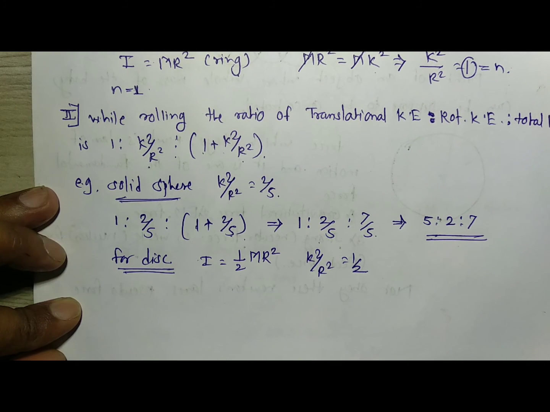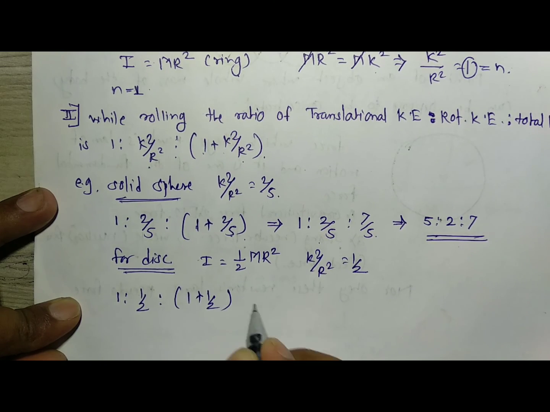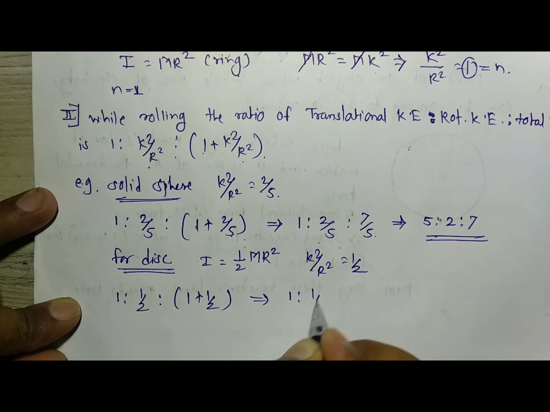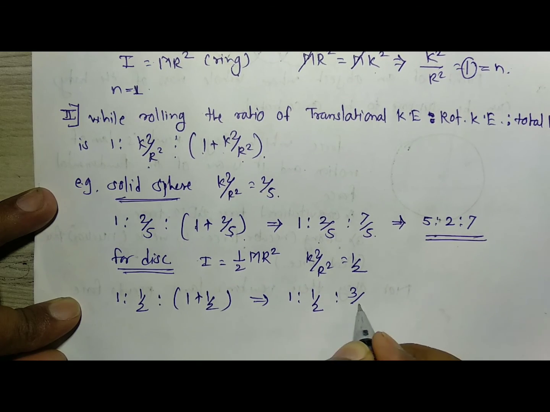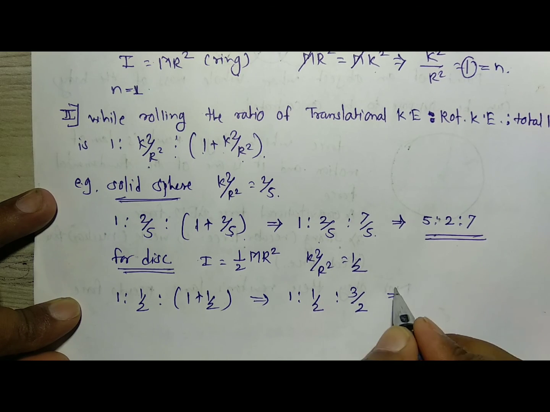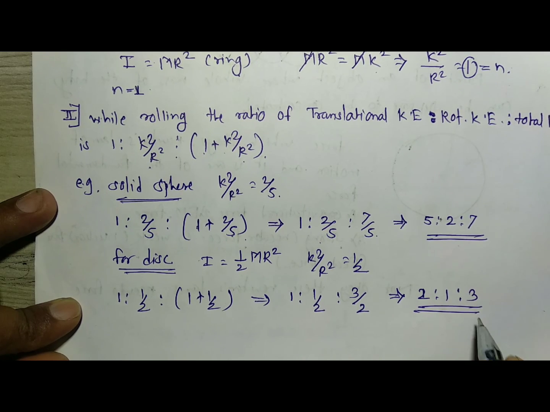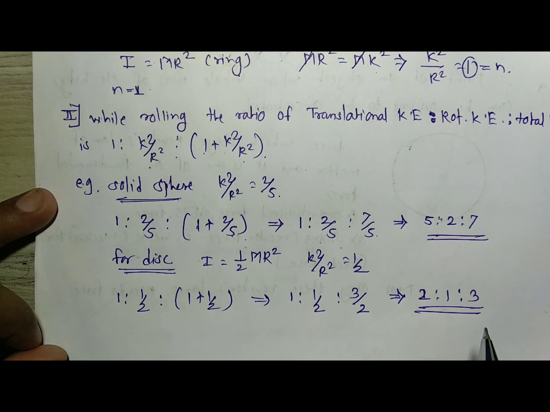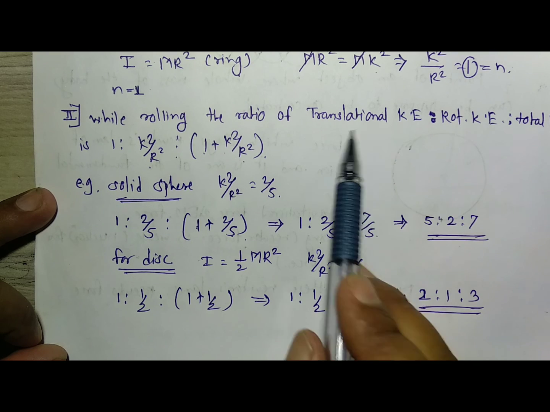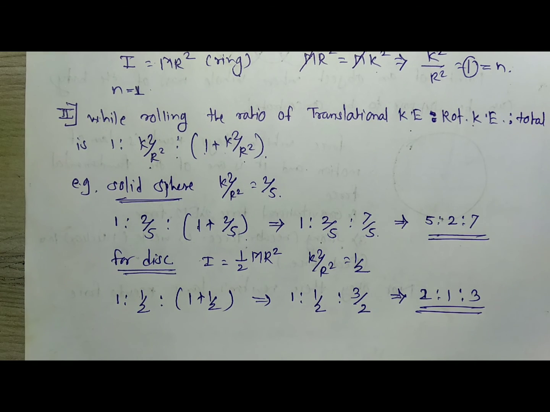And therefore the ratio is 1 : 1/2 : 1 plus 1/2, it implies 1 : 1/2 : 3 divided by 2, and you will get 2 : 1 : 3. This is the ratio of translational kinetic energy, rotational kinetic energy, and total kinetic energy related to that one.